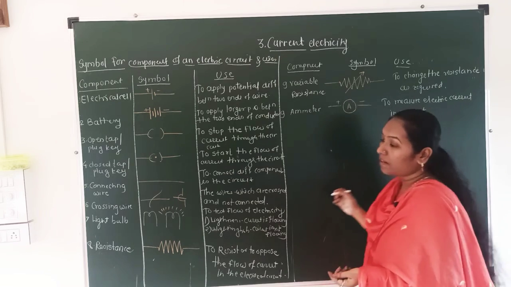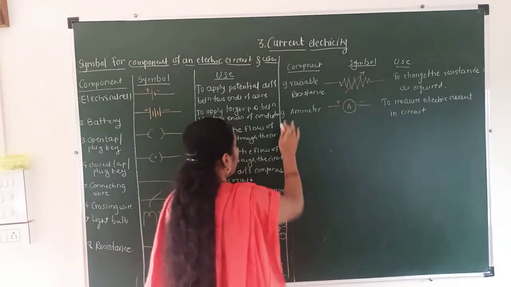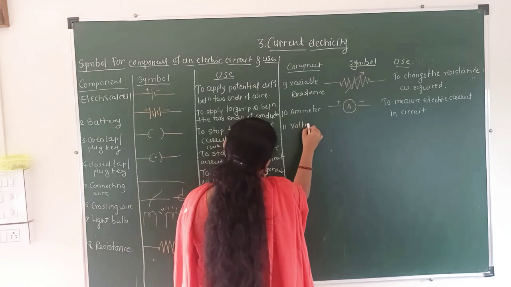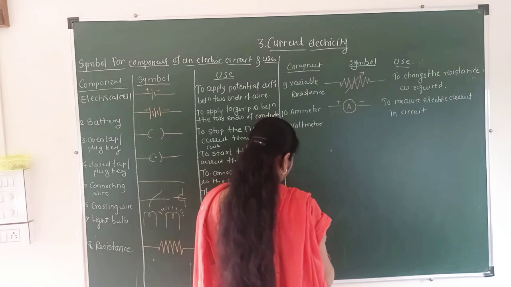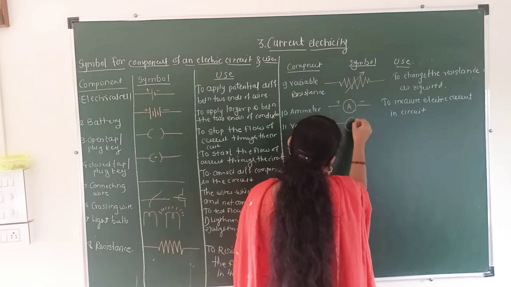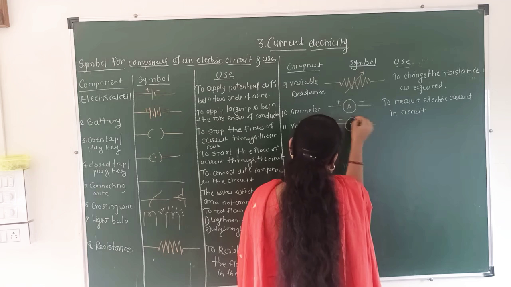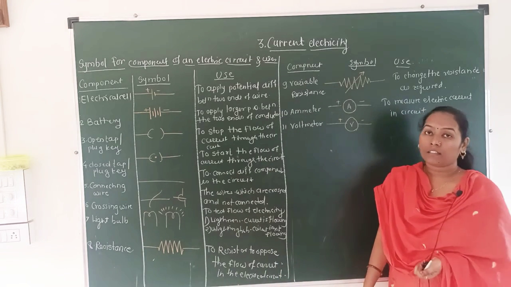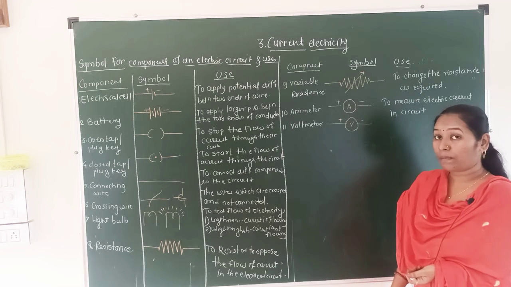And the last one: the 9th, this one is the 10th, and the 11th is the voltmeter. Students, this is a very important part. Voltmeter is shown with the help of this symbol, and all of you know the function of voltmeter.